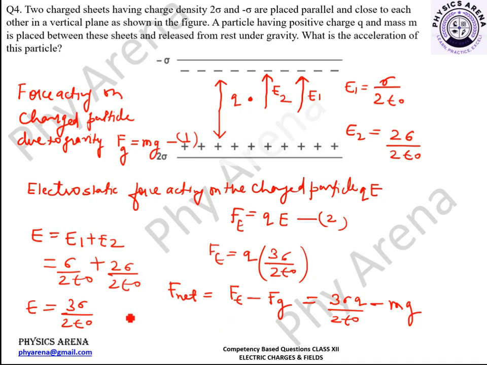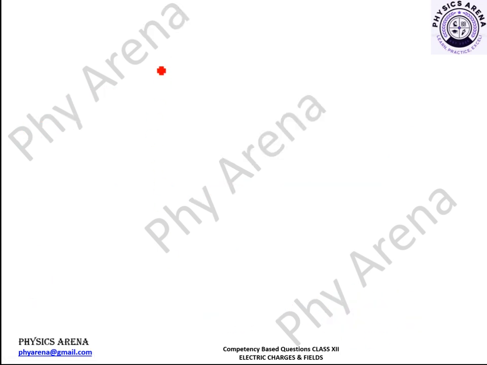And we all know by Newton's law, the net force is mass multiplied by acceleration. F net is equal to the mass of the particle multiplied by the acceleration produced in it. So we can equate this equation to ma. So 3 sigma Q upon 2 epsilon naught minus mg is equal to ma.